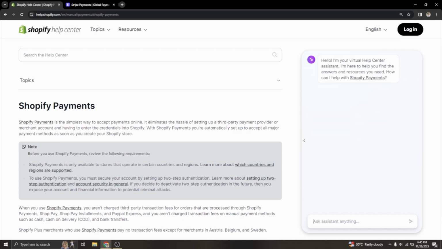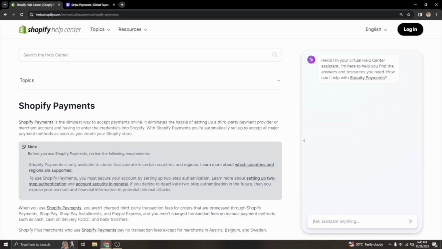So let's talk first about Shopify together with Stripe. When you use Shopify, it has become the number one choice for anyone who wants to start an online business because of its excellent online marketing techniques. However, Shopify has its own built-in payment method.